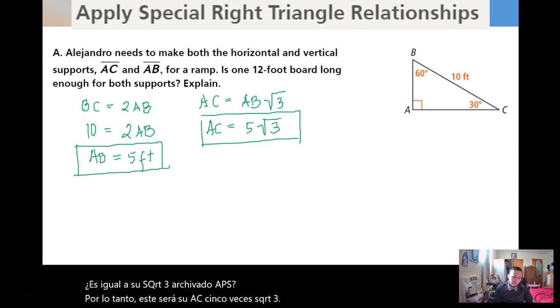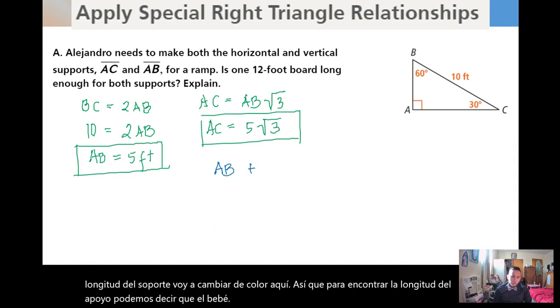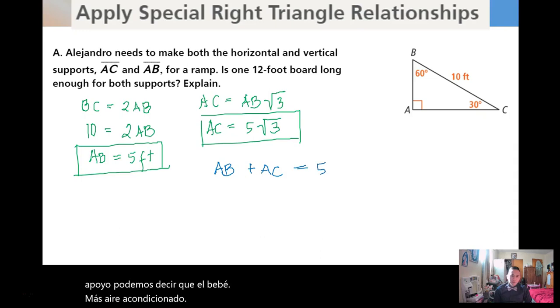Now we can find the length of the support. I'll change color here. To find the length of the support, we can say that AB plus AC is equal to 5 plus 5 square root of 3.